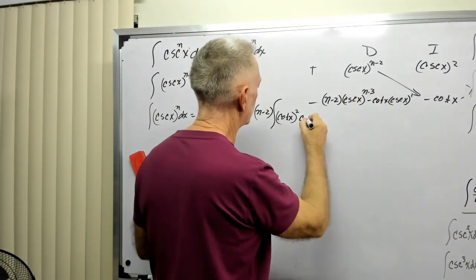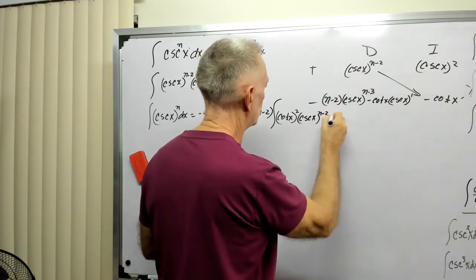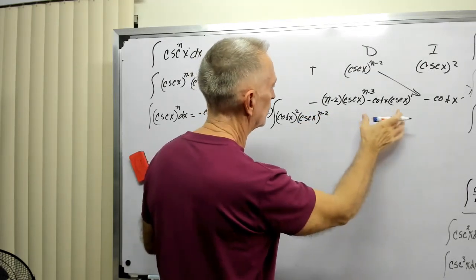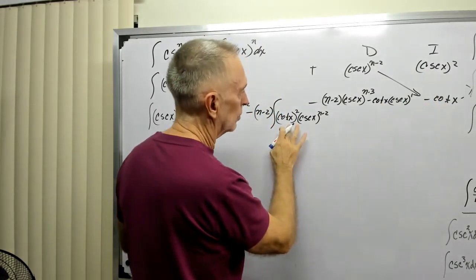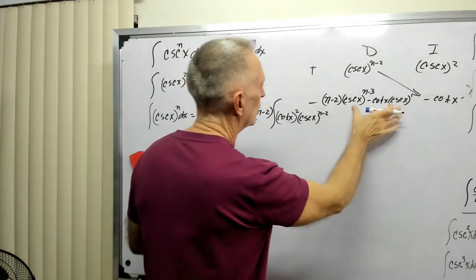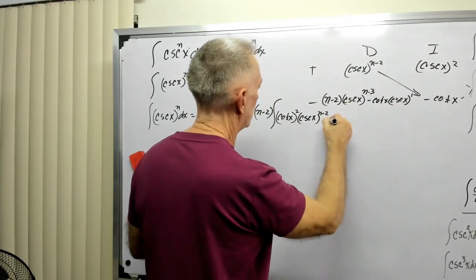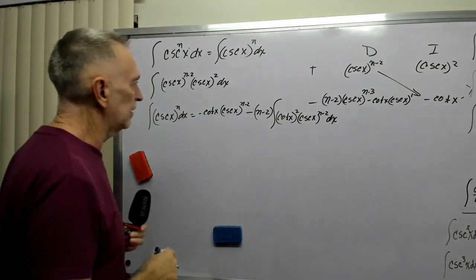So I have cosecant x to the n minus 2. Did I get all the terms? Cotangent squared, cosecant to the n minus 2 dx, and the n minus 2 is on the outside. Okay, we have everything.